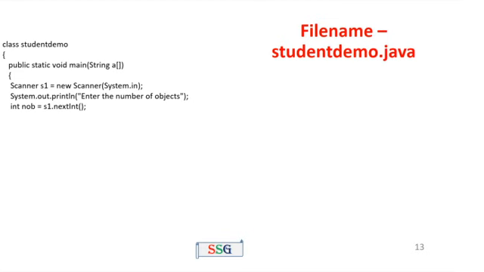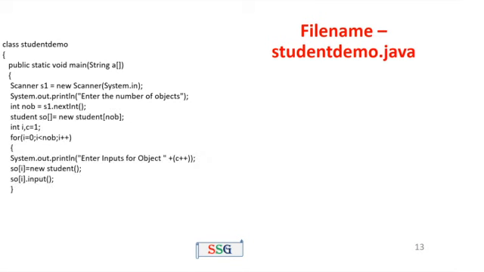It gets the input from the user. For example, if the user input equal to 5, nob equal to 5, that means it gets the input for 5 objects. The next one, we have to create the array of objects: Student SO[], that is student object, equal to new Student[nob].